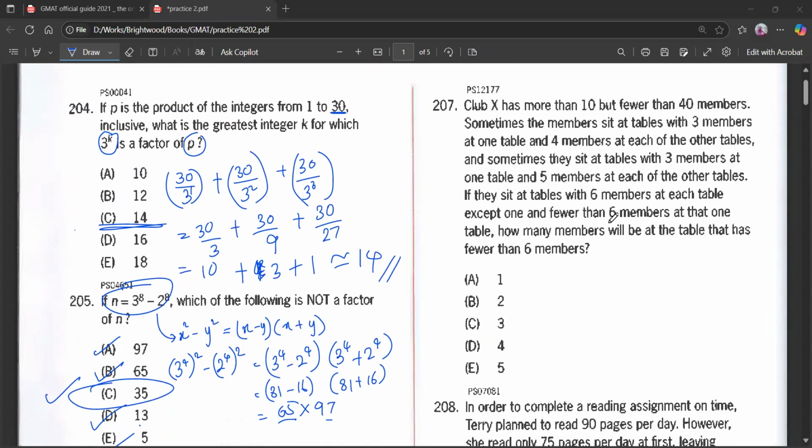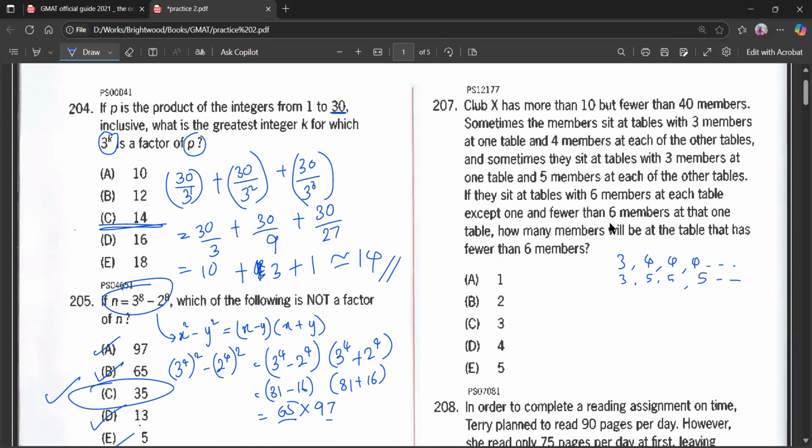Club X has more than 10, fewer than 40, so 10 to 40. Sometimes the members sit with 3 at one table and the others four, four, four, like that. And sometimes 3 at one table and the others five, five, five.